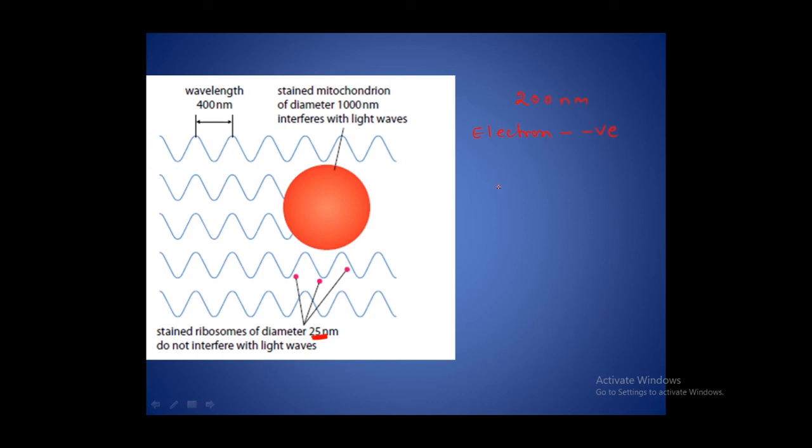So for example, if this is an atom, and this is a nucleus here. Of course, this nucleus is not the nucleus which we have in the cell. This is the nucleus in the atom, which has protons and neutrons, and above that there will be orbits where you have the electrons. Suppose this is one electron we have, and this is one metal.